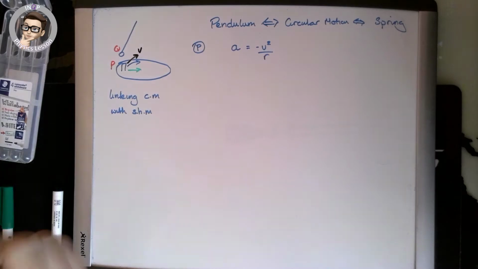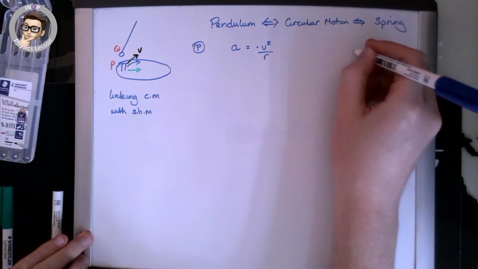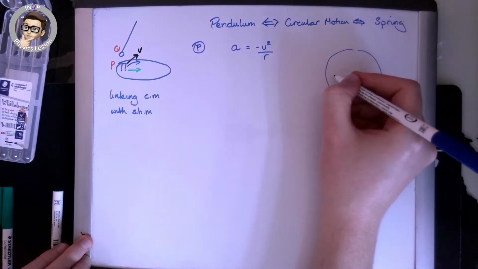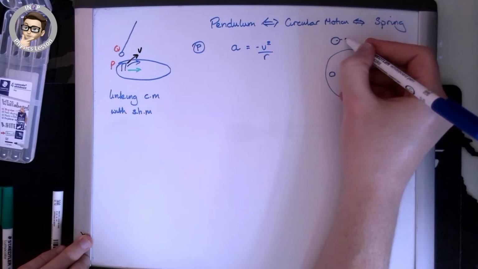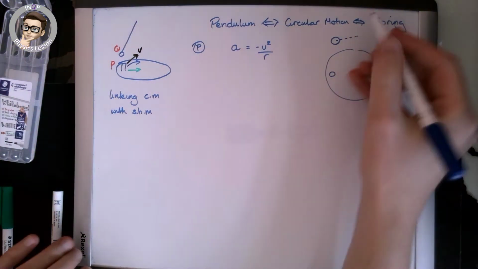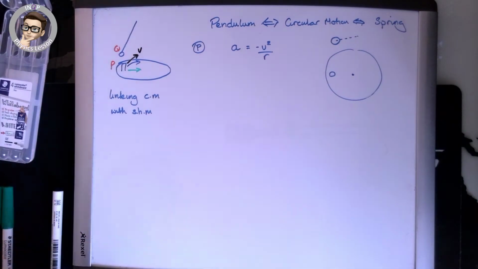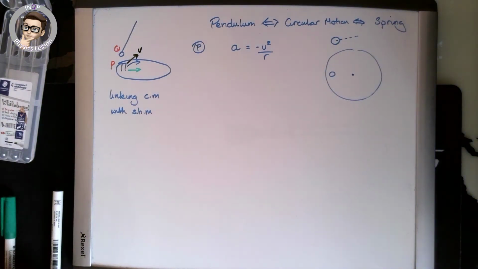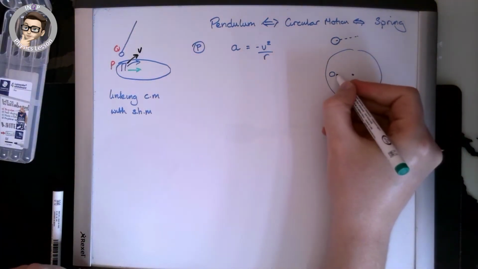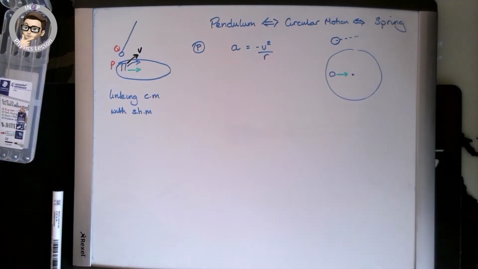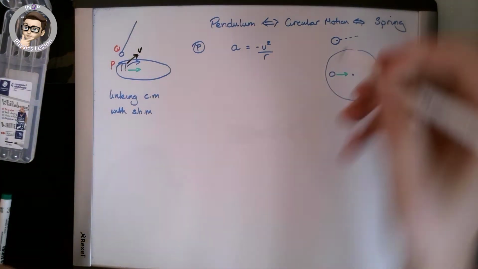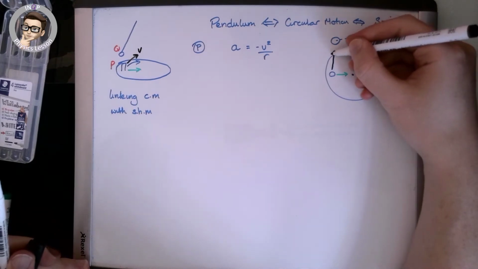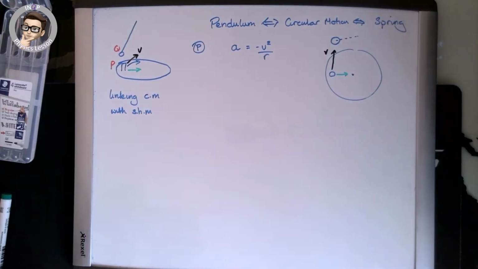Now, I've realised that actually that diagram's a bit complicated, so let's simplify it for a second. Here is our object that's moving, and we'll put in our pendulum as well, so you can see what we're talking about, and they're both acting at the same point. Let's use the same colours. We have the centripetal force that's pulling P inwards, and P has a tangential velocity that's going to change each time.